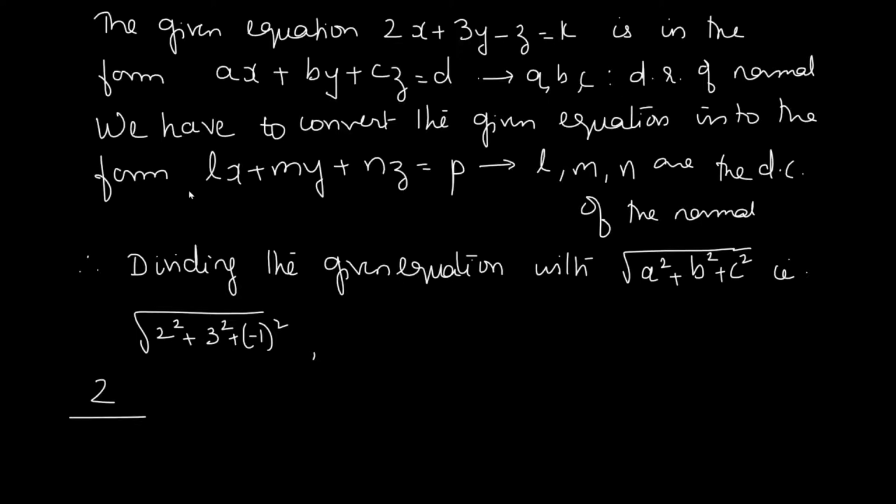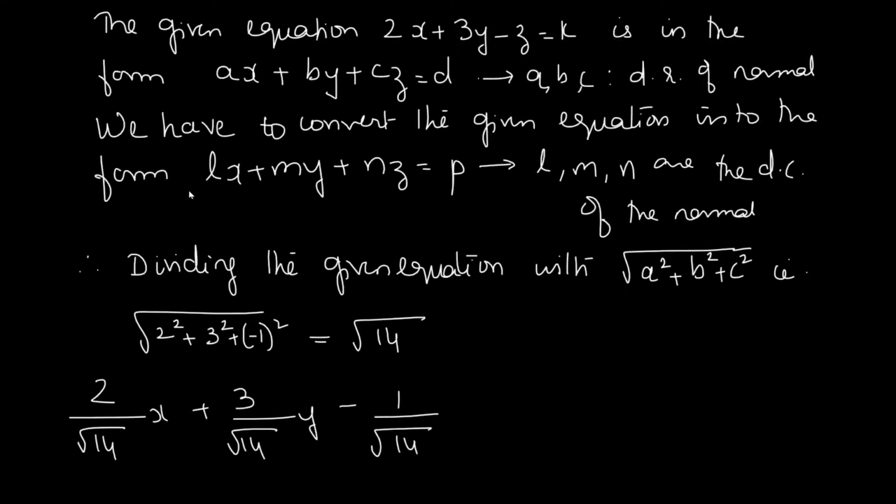In this case, root of 2 square plus 3 square plus minus 1 square is actually root of 14. So we get 2 upon root 14 x plus 3 upon root 14 y minus 1 upon root 14 z is equal to k upon root 14. Okay.